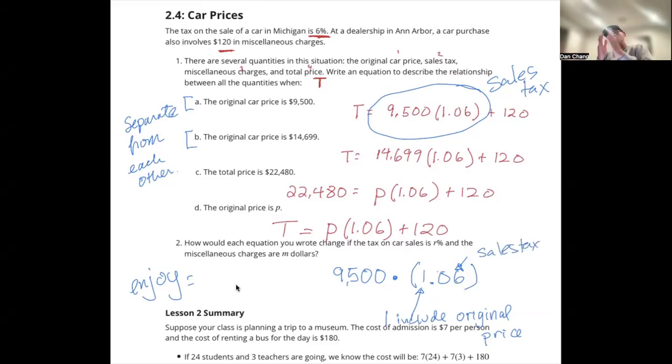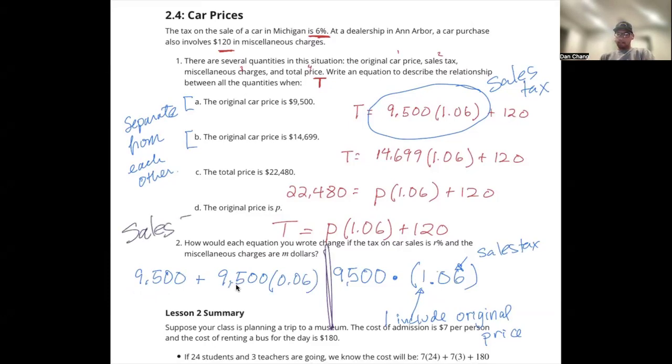Some people might have broken this into 2 separate calculations, like this. 9,500 is the original price plus 9,500 times the tax rate, 0.06. Okay? Now, put a little dividing line. These are the 2 ways to do sales tax.